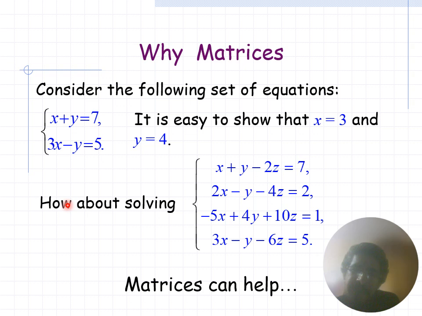And if the unknowns increase, this makes the problem difficult to solve. In this case, we can use matrices. So matrices can also be used to solve an equation system.